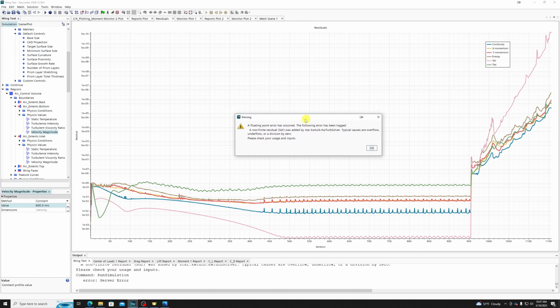If you see an error that looks like this, a non-finite residual or other quantity was added by some insert string here. Typical causes are overflow, underflow, or division by zero. Well, this means that a number has gotten generally large enough where you can no longer represent it with a single or a double floating point number, depending.